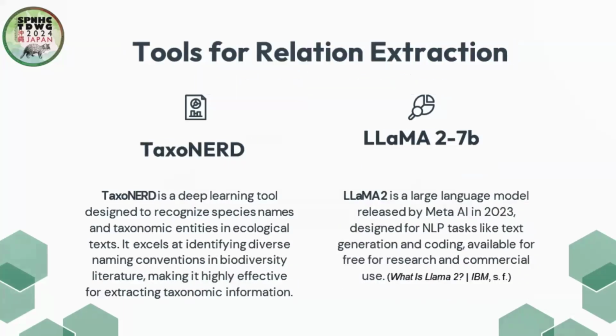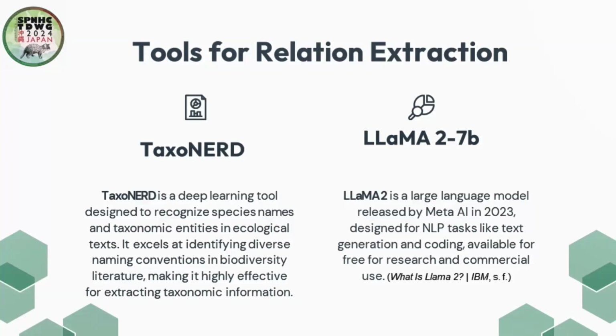The tools we use in this research include TaxonNERD and Llama 2 7B. TaxonNERD is specifically designed for recognizing species names and taxonomic entities in biodiversity text, making it highly effective for biodiversity research.